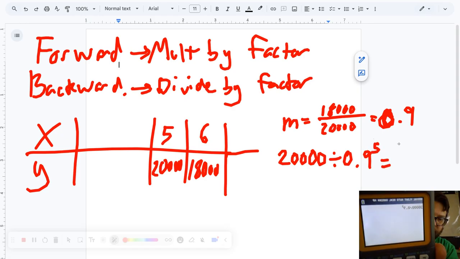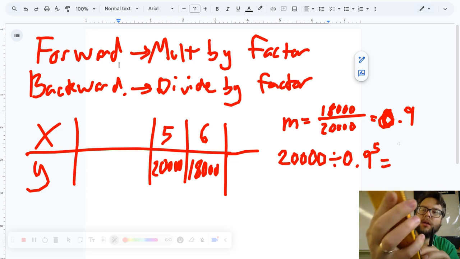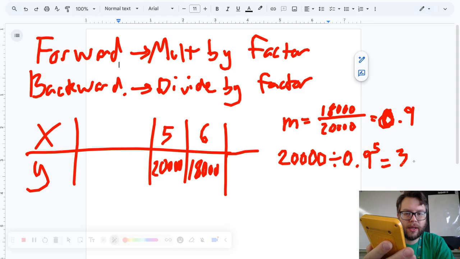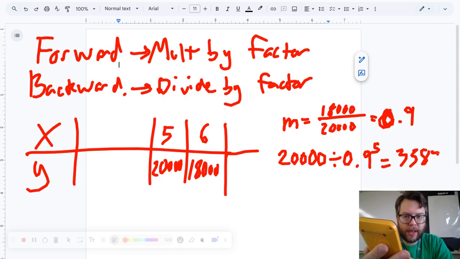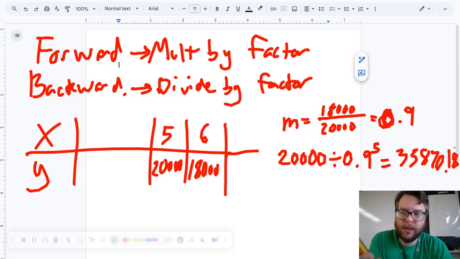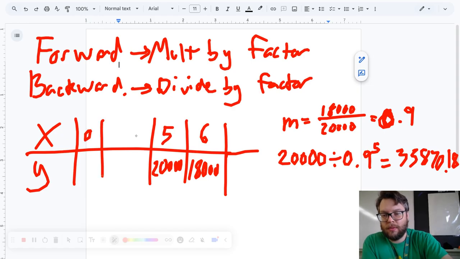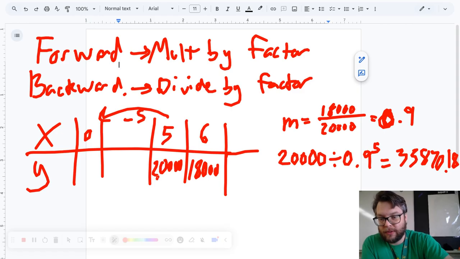So that's what it looks like on the calculator. And you get 33870.18. It's about a $33,000, almost $34,000 car back at year 0. Because what we did is we went 5 steps backwards, and so that means that we divided by our factor to the 5th power.